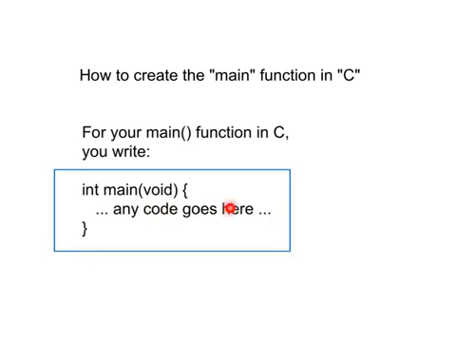Of course, leave this out. So you're just going to write int main void, the opening brace, and then the closing brace, and leave some room, some blank lines, that you can write some programming code for the next step.